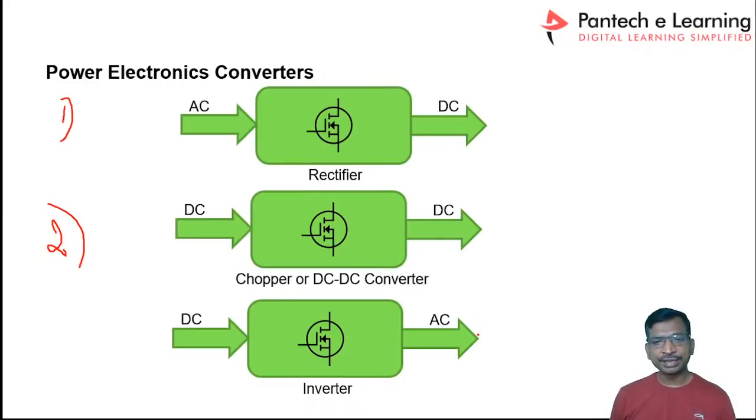Right? So how are all these interconnected? Suppose you take your mobile charger. Do you know what the operating voltage of your mobile is? Can you just confirm in the comment box, what is the operating voltage of your mobile?